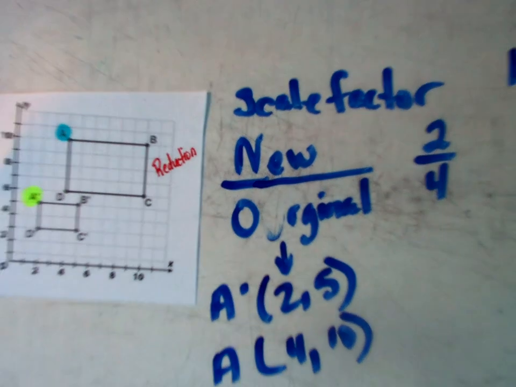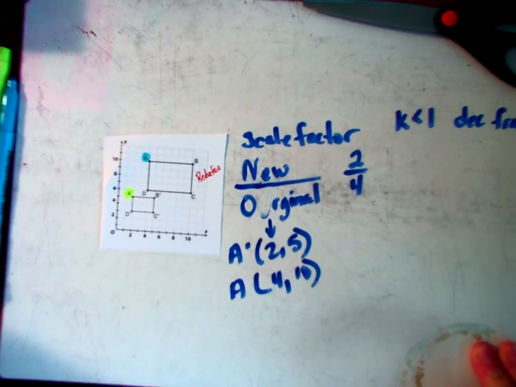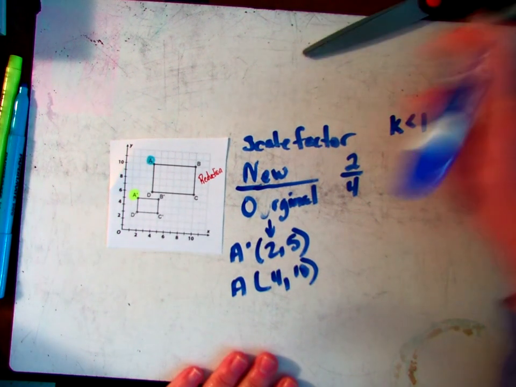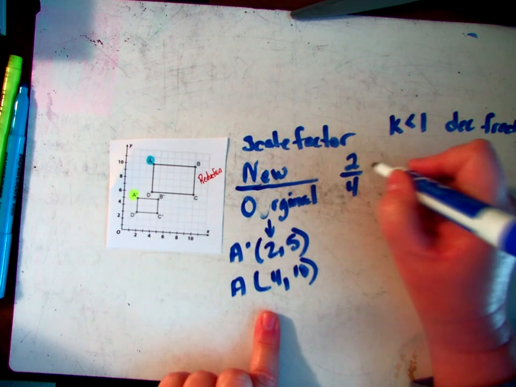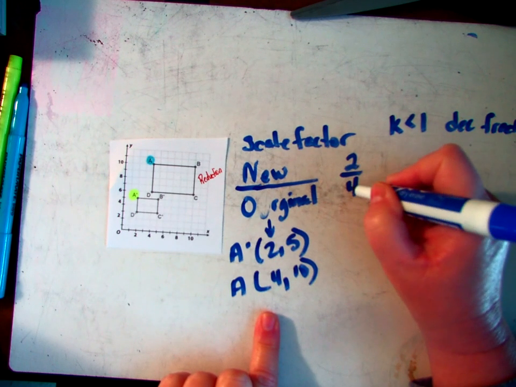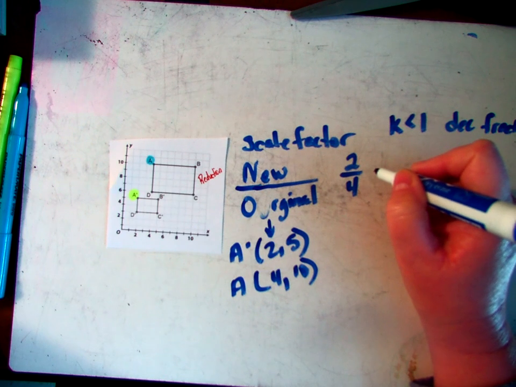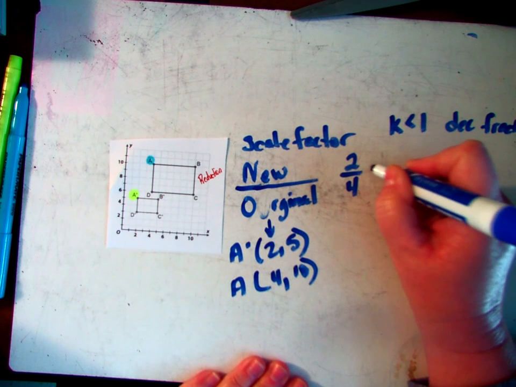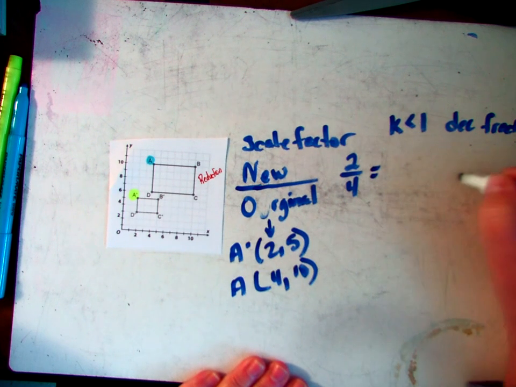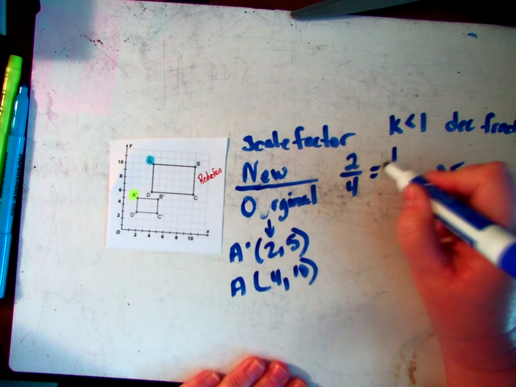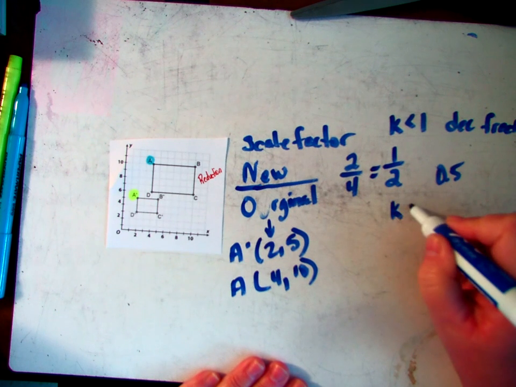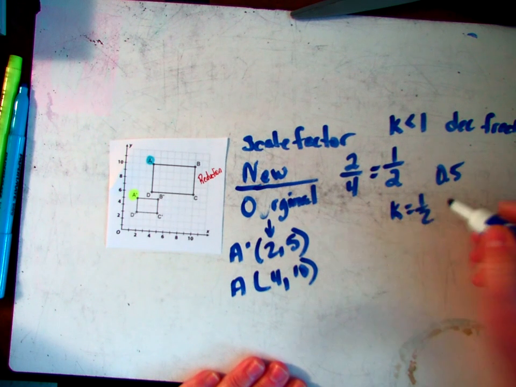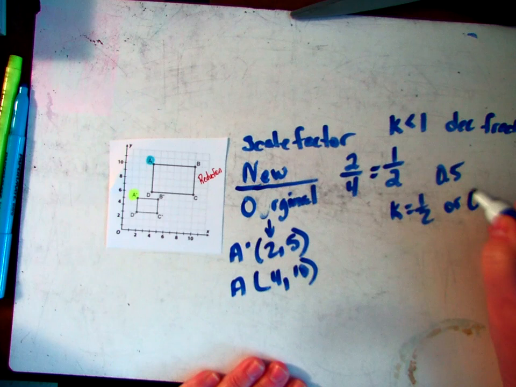So I've got my ordered pair 2 over 4. 2 divided by 4, if I do that, it's 0.5. Or if I just simplify the fraction, it's 1/2. So in this case, my scale factor is 1/2. And it can be written as a fraction or as a decimal.